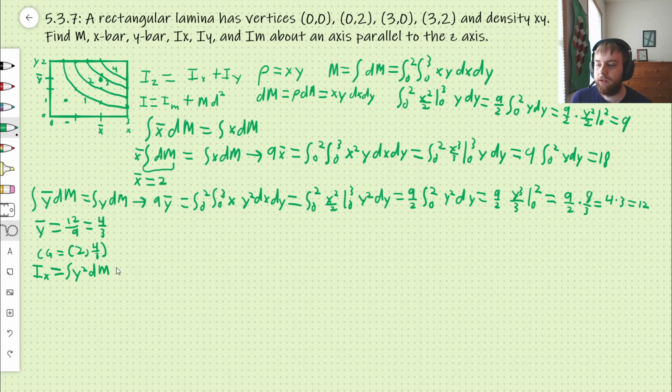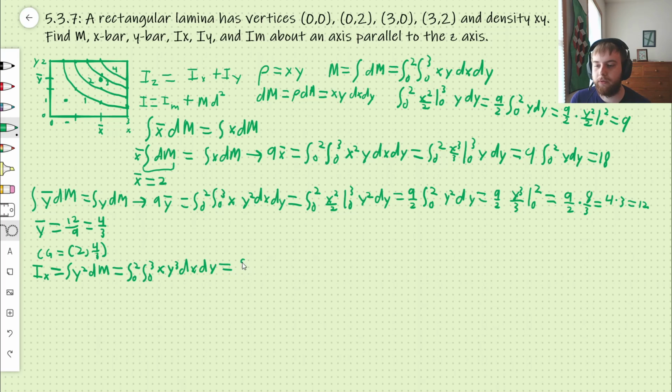Substituting in what we already know, that's the integral from 0 to 2, 0 to 3, of x, and this is y cubed this time, dx dy.